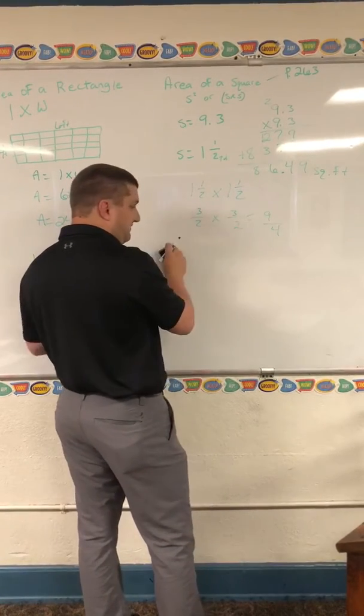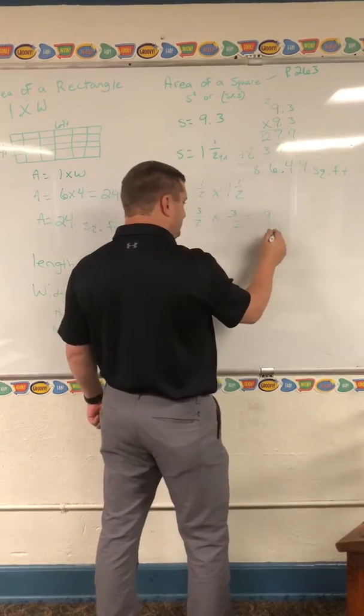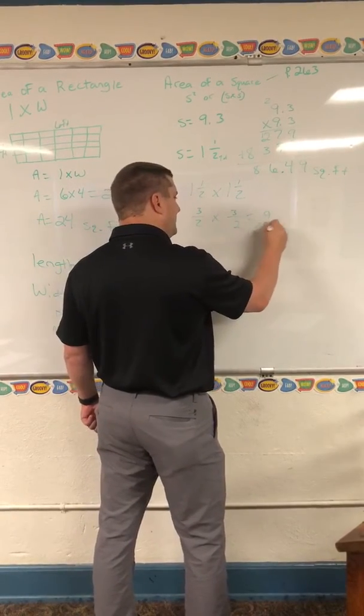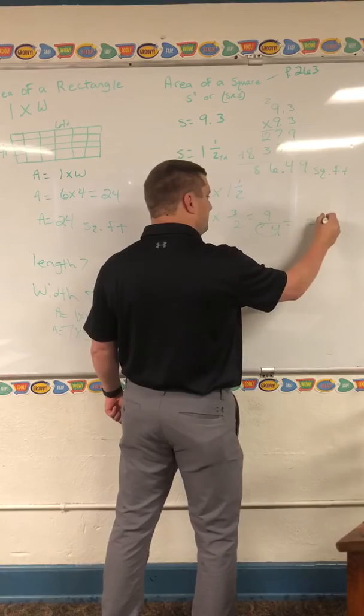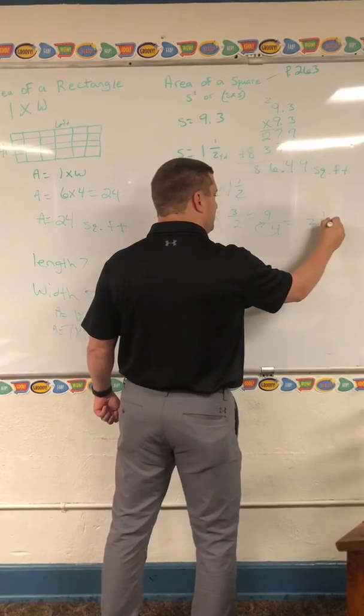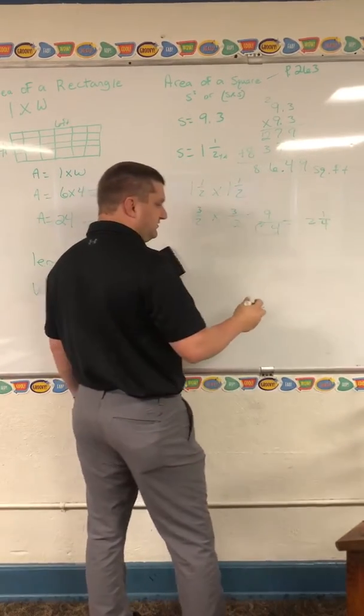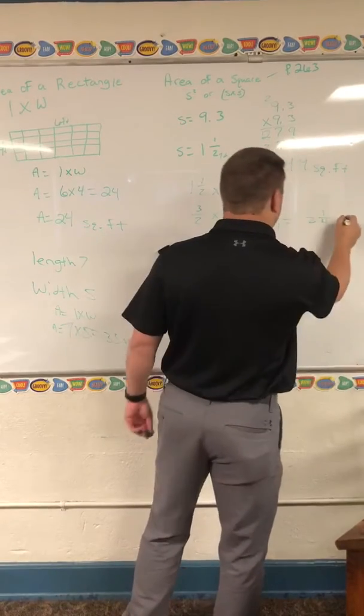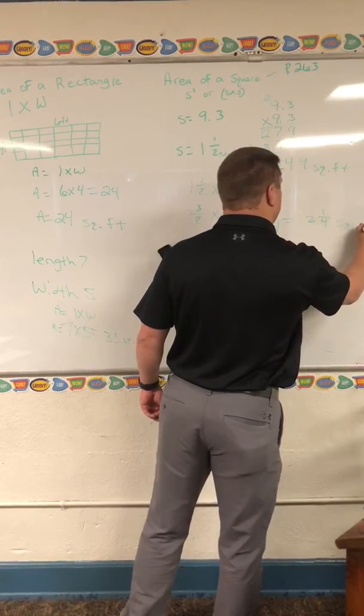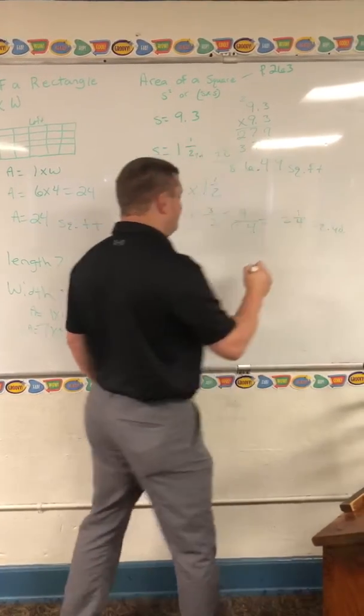And if you remember back from many months ago how to simplify this, you take the 4 into the 9. It goes 2 times. 1 is left over. You put that over 4. So this one would be 2 1/4 square yards.